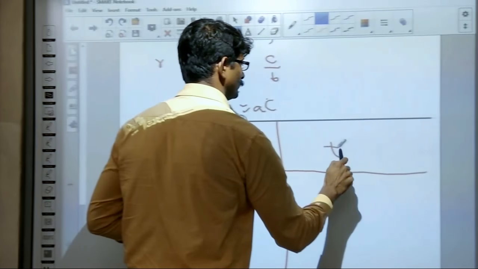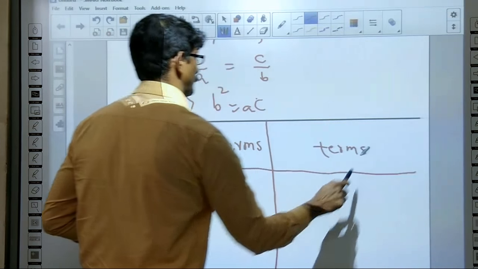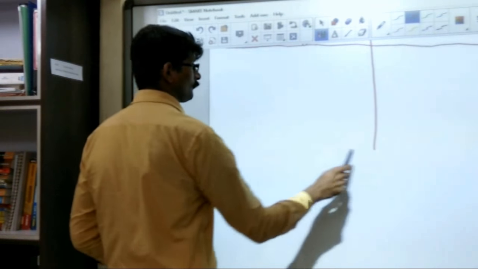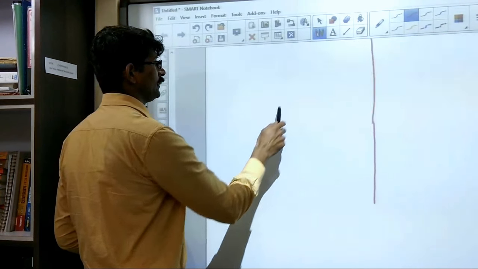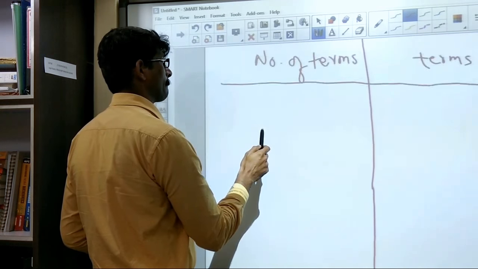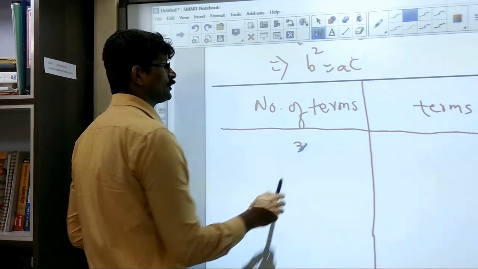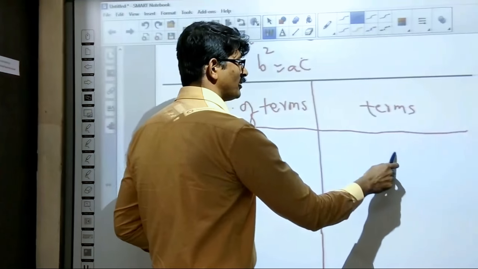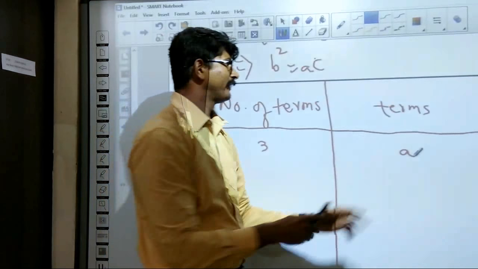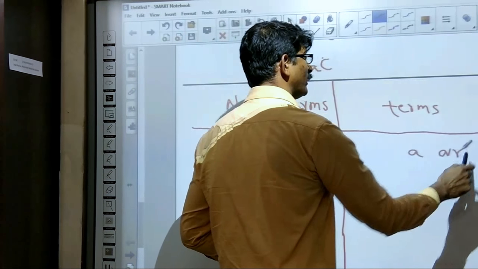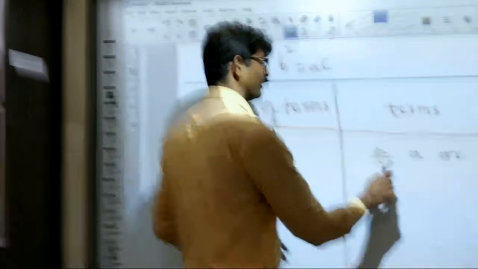So in case we are choosing three terms, then your choice should be: the middle term should be A, and the thereafter term would be AR, and the preceding term should be A by R.